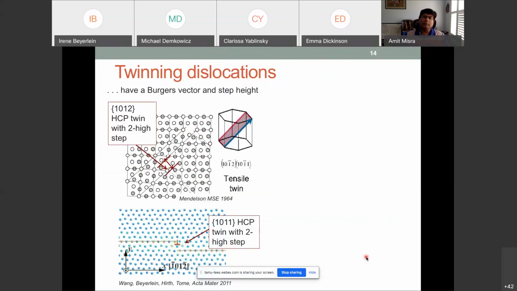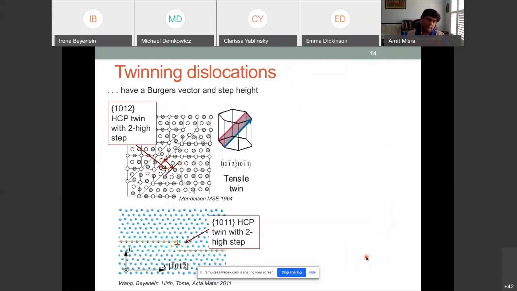Now, twinning dislocations are different than slip dislocations. Like slip, there is an elementary defect called a twinning dislocation. They differ in that they have a step to them. Not all of them, but most of them have a step height.